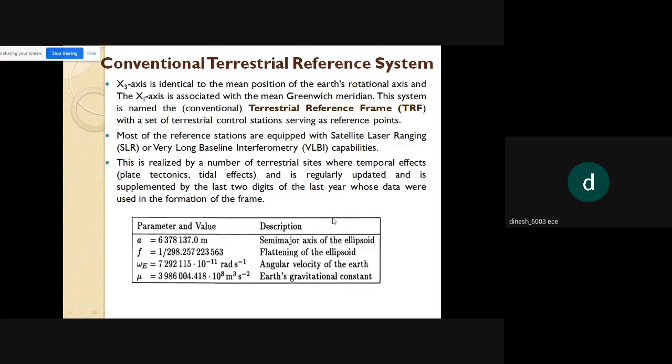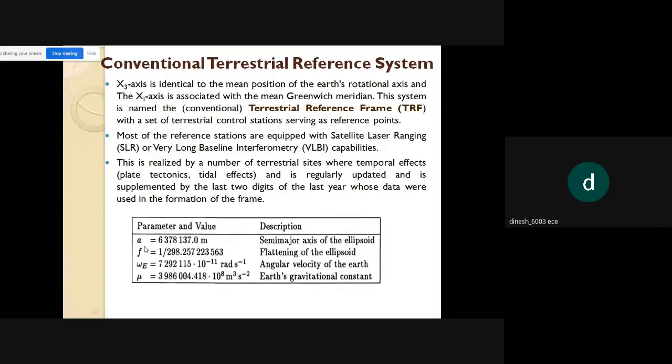For example, last year they determined plate information or tidal effects like wind, power source, sunlight, all realized by the terrestrial sites. So the last two digits are meant for updating. Today, if the last two digits are 01, next year it will be updated to 02, and so on, depending upon the positioning.